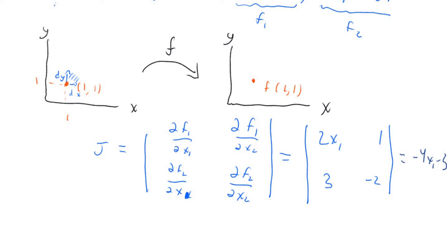We can think of matrices as linear transformations. So this is a linear transformation, and I can think of dx and dy as basis vectors.